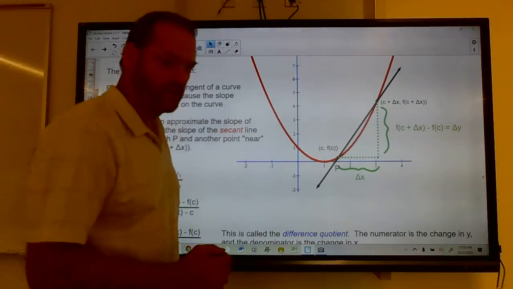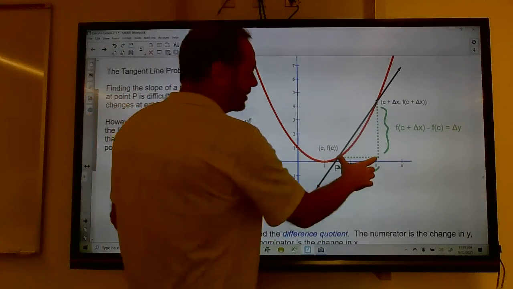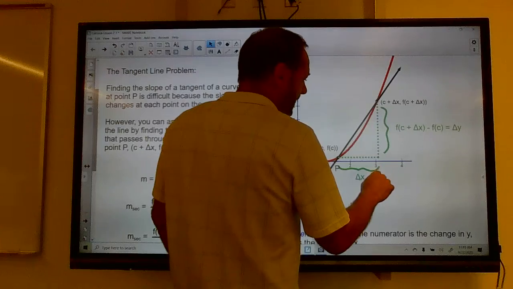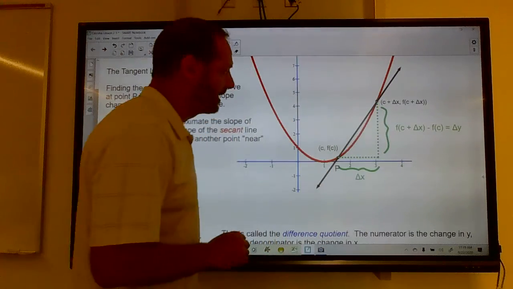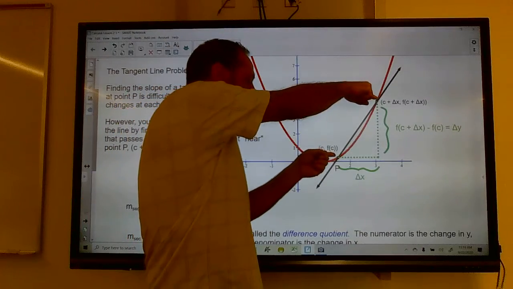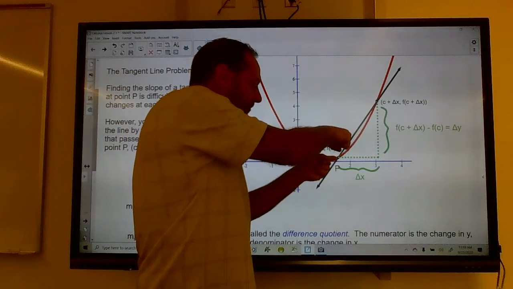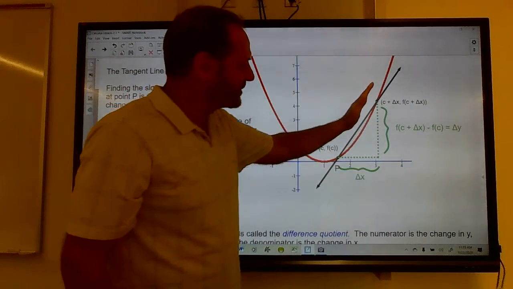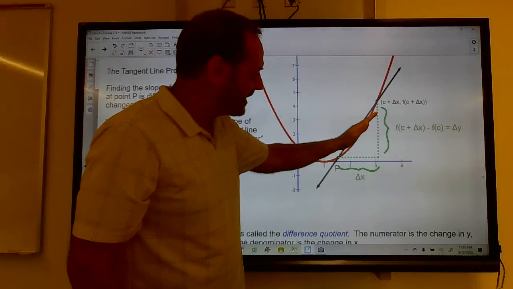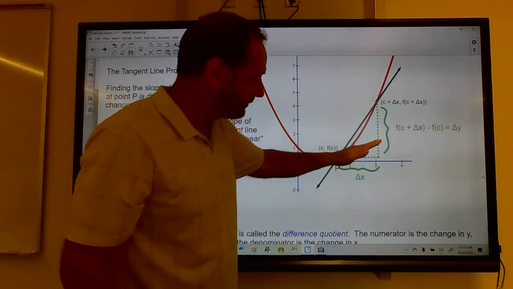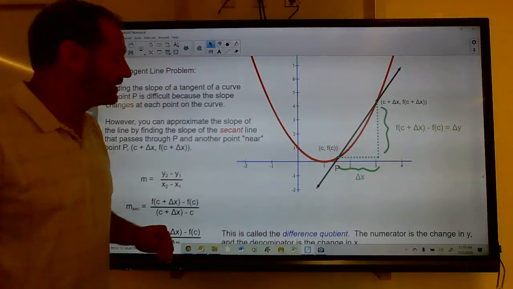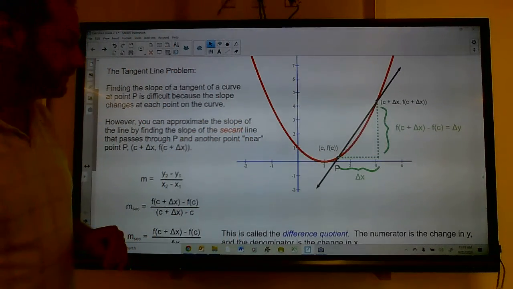Delta means change in. So here's my change in x, and this would be my change in the y-coordinates. My goal is to take these 2 points and bring them closer and closer together, and the slope of that secant line, as this point gets closer to this one, will become closer and closer to the tangent slope.